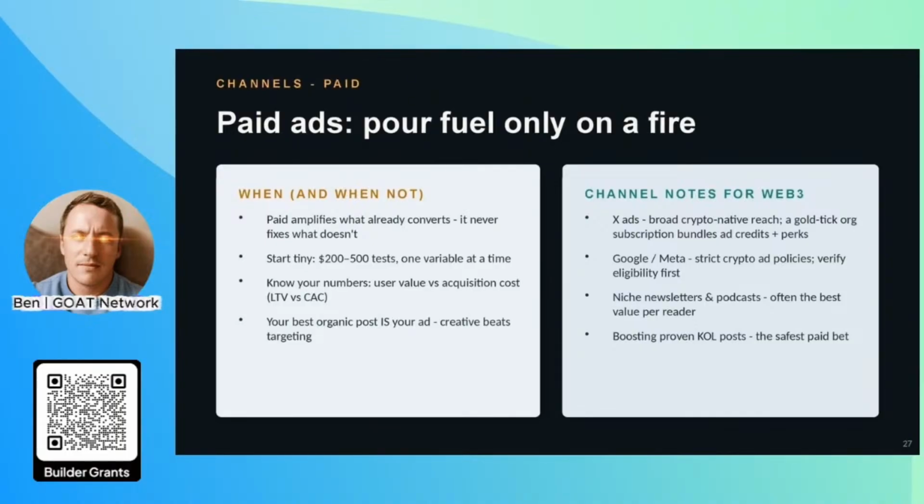How do you identify when you're genuinely ready for this? You can do some small tests, $200 to $500 or something, one variable at a time, and know two numbers before spending anything: what a user is worth to you and what the user costs to acquire. If a user costs more to acquire than they're worth to you, you need to pause and fix that before you spend any more.